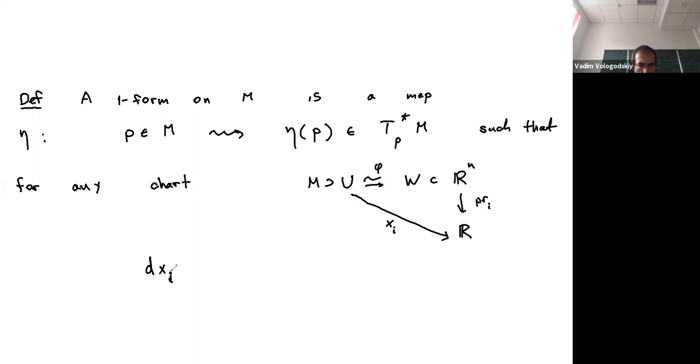And so for every point P, the dxi of P form a basis for the cotangent space, right?